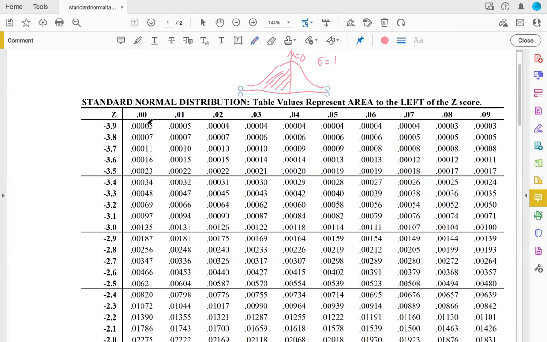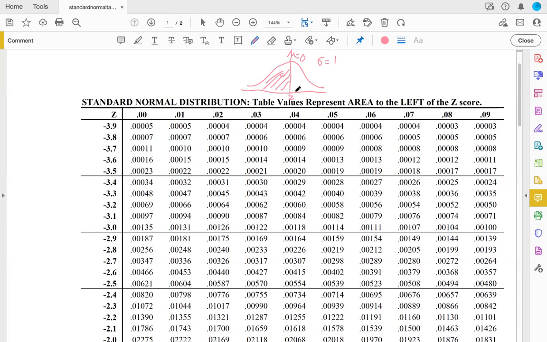Like I show you here, the bottom part, the horizontal z-axis, is the z-score. This is the z value. So I can use the z value to refer to the shaded area probability.